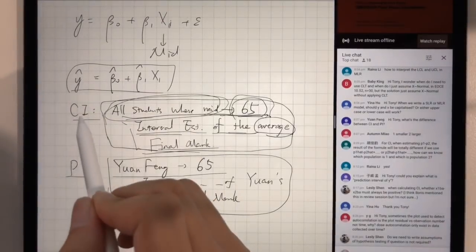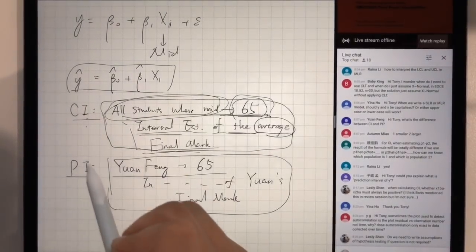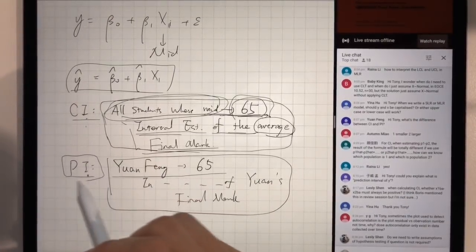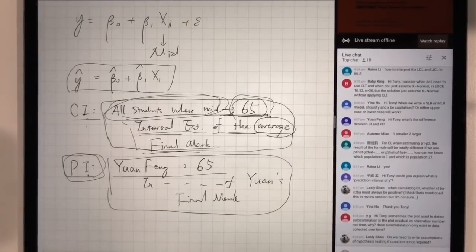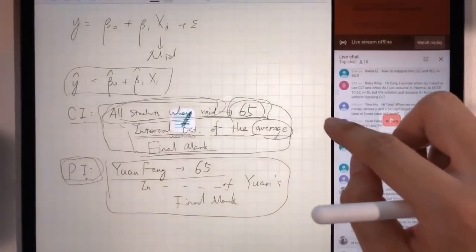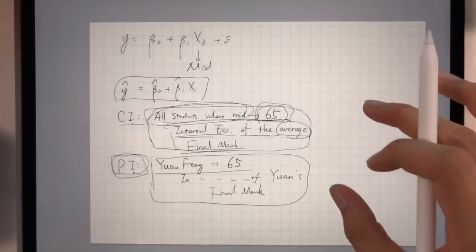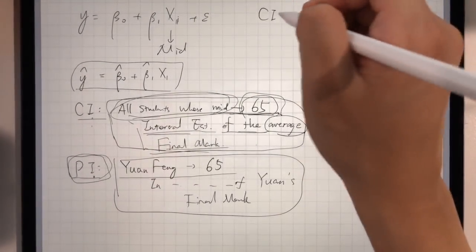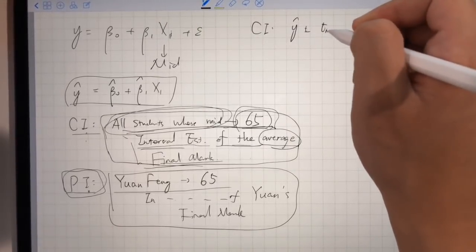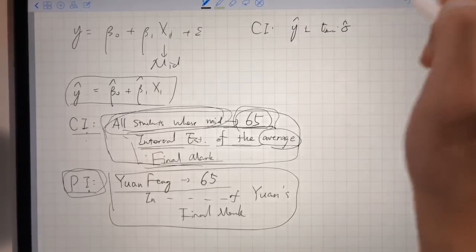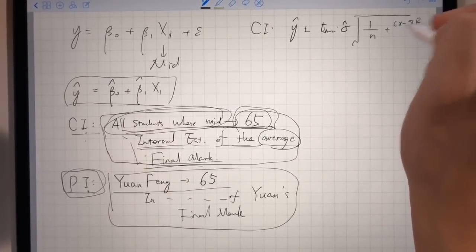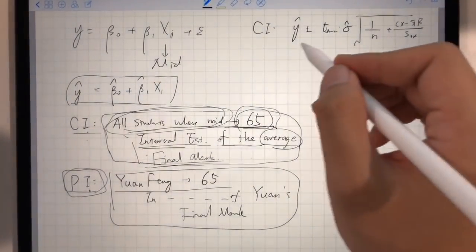So you need to know for CI and PI, which one is wider and which one is narrower. Definitely PI is wider. Very good. You are very clever. Okay, so now if you read your slides carefully, you probably have noticed that the confidence interval formula looks like y hat plus or minus t with n minus 2 degrees of freedom times sigma hat multiplied by the square root of 1 over n plus (x minus x bar) squared divided by Sxx, probably something like that.